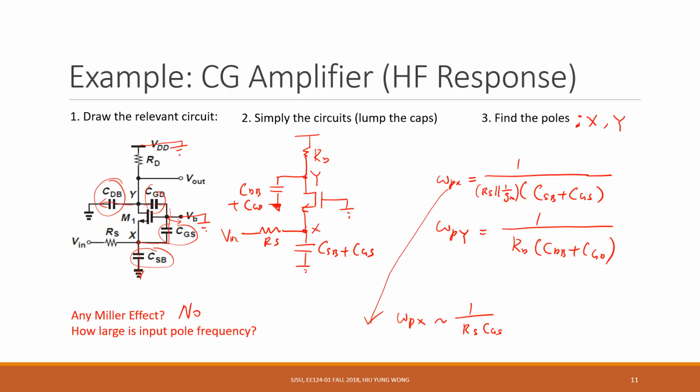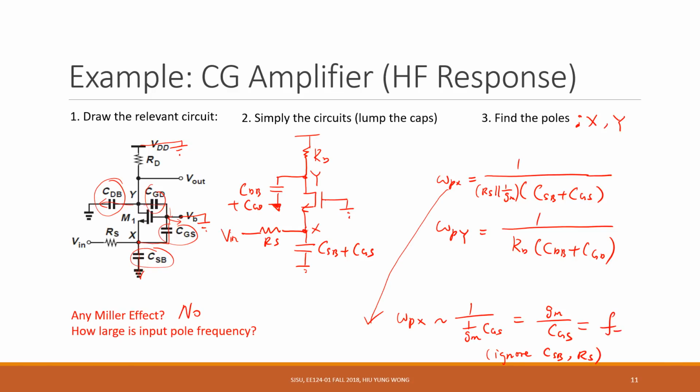So if Rs is much larger than 1 over Gm, this one becomes 1 over Gm. And this is what? Gm over Cgs. And I here ignore CSB, and also Rs. And what is this?